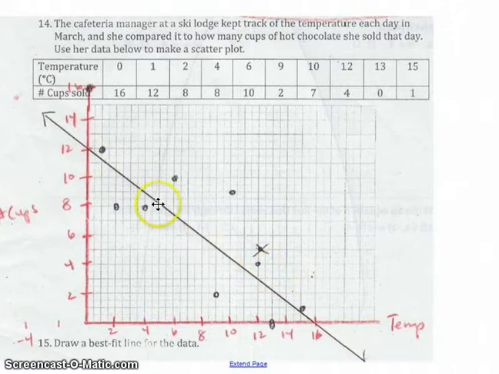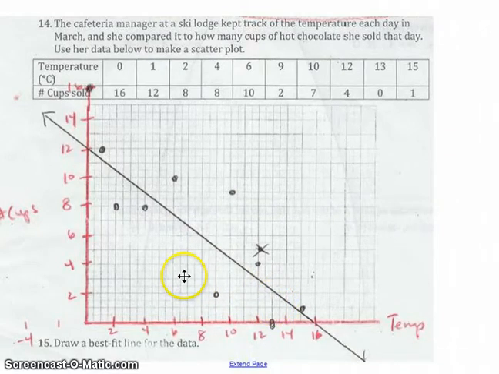If I had a marker that was wide enough, and actually maybe this circle that I'm drawing here gives you a feel for it, I'd like it to go through the vast majority of them. And that's how I picked the line that I've drawn here. It's based on the fact that it seems to be pretty well equally distant from all of them. So based on that line now, I answer the questions that are on the next page.